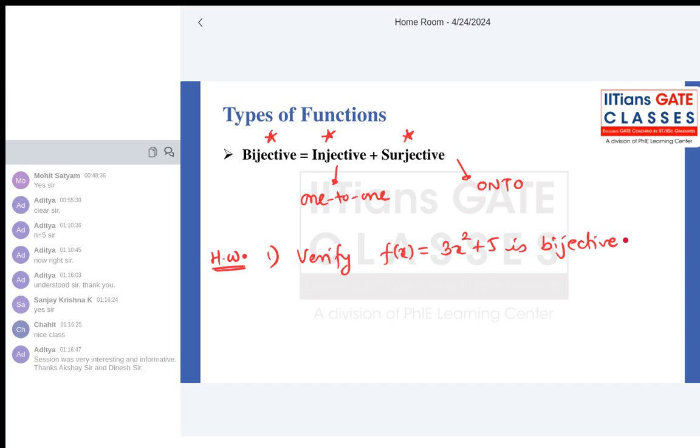If it is one-to-one as well as onto, then only it is bijective. If one of the conditions is not satisfied, then it is not a bijective function. I know the answer, and maybe if you have listened to me properly, you also know the answer. But just go through it.